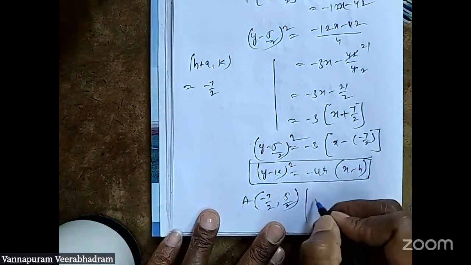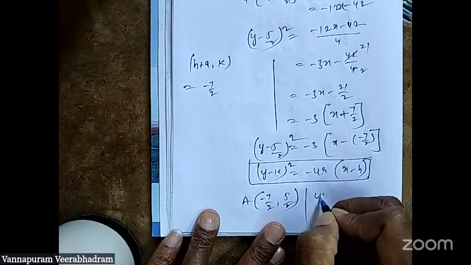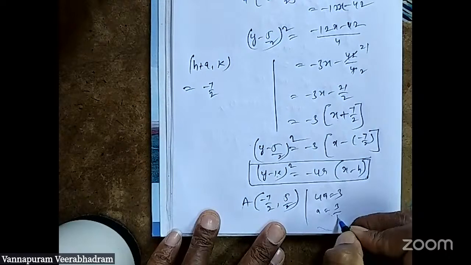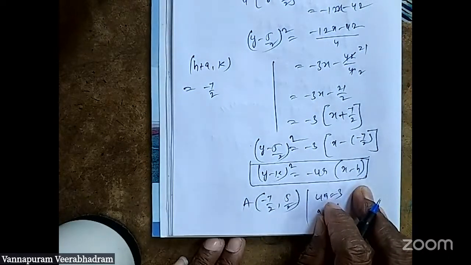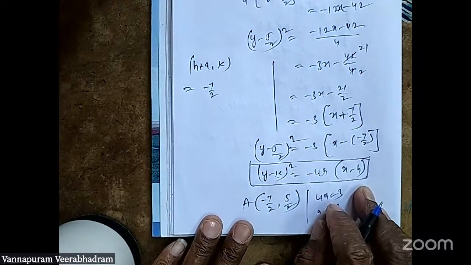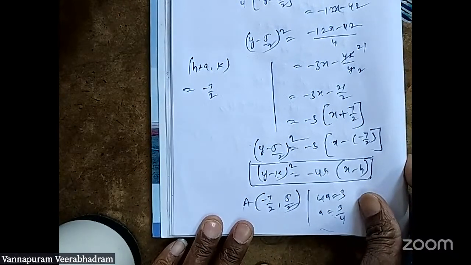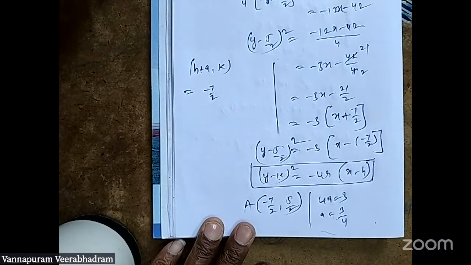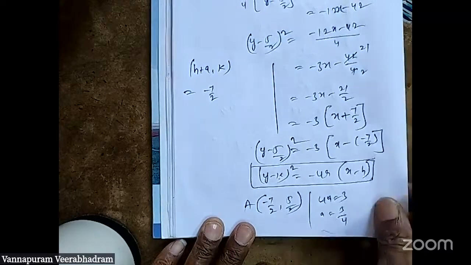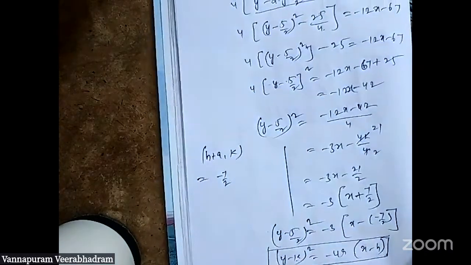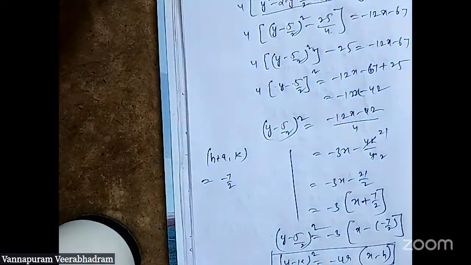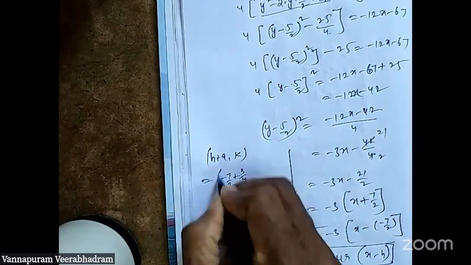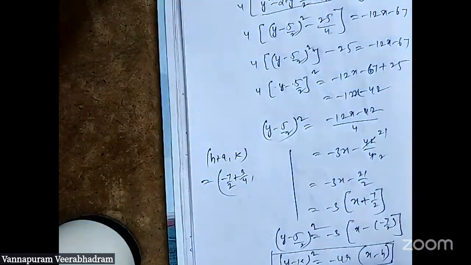Now find the value of a: minus 4a is equals to minus 3, so 4a is equals to 3, that is a equal to 3 by 4. So that is minus 7 by 2 plus 3 by 4 comma k. That is, the k value is 5 by 2.